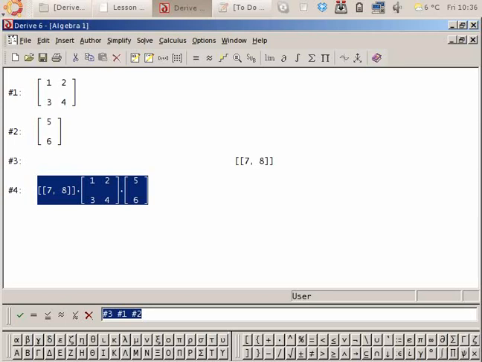So after you multiply these, how many numbers will you have? 2. And will they be horizontal or vertical? They'll be vertical. So you need to imagine that there'll be 2 vertical numbers here. So we can do row by column. So we're expecting only 1 number at the end as the answer. So after I type it in, I hit equal, and that's the number.